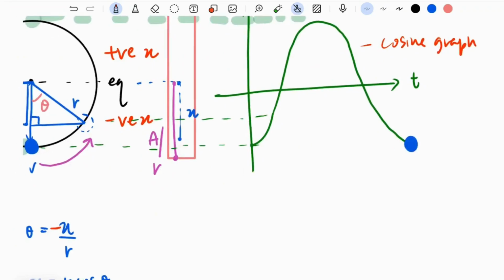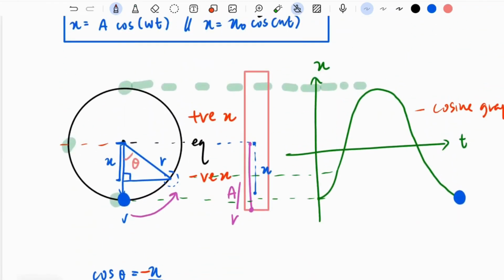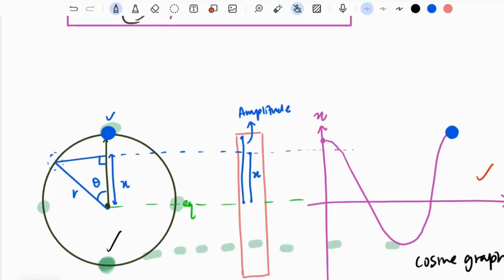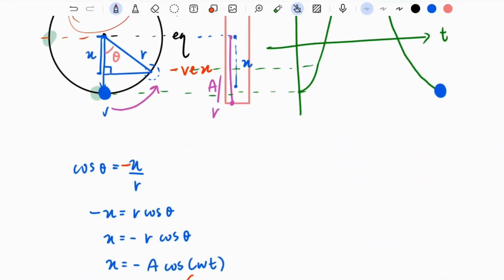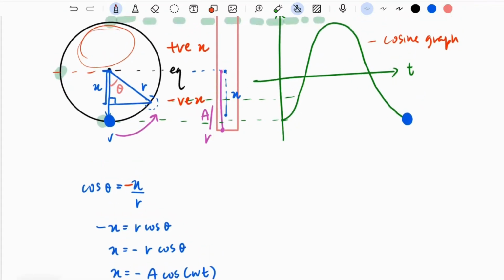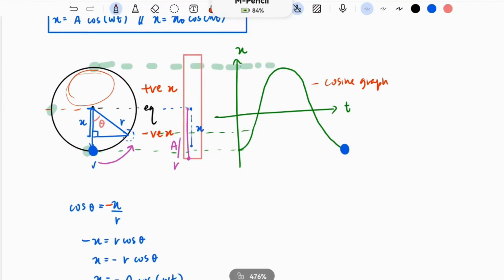So if you look at our function, we did get a negative cosine graph. So it's correct. Anything below equilibrium, in this case, is negative. Above it, like whatever we saw in the previous two scenarios, we let x be positive. So, conclusion: that is how we derive the x function using simple harmonic motion.